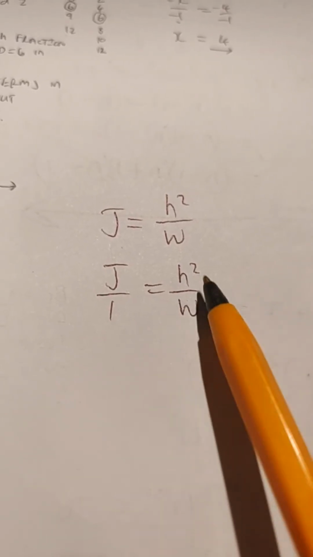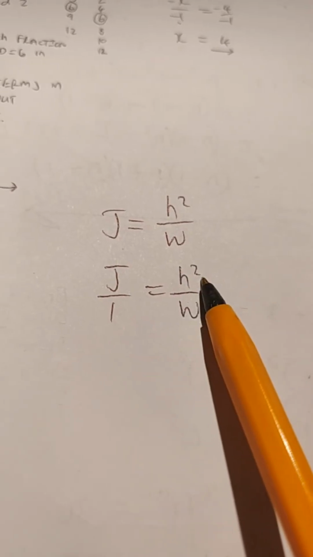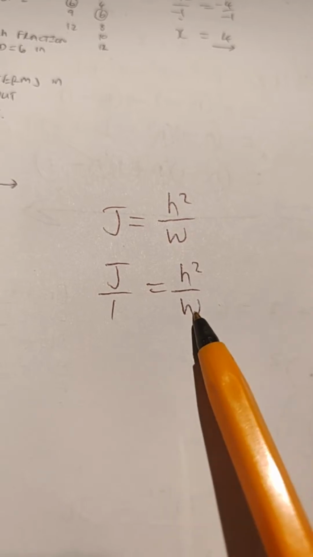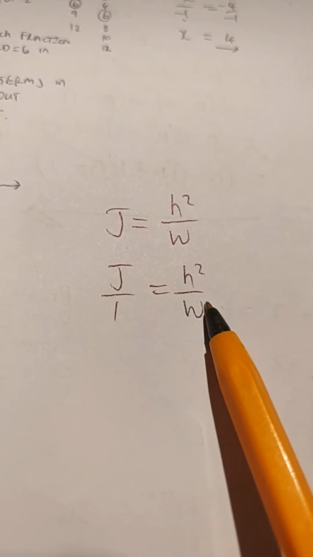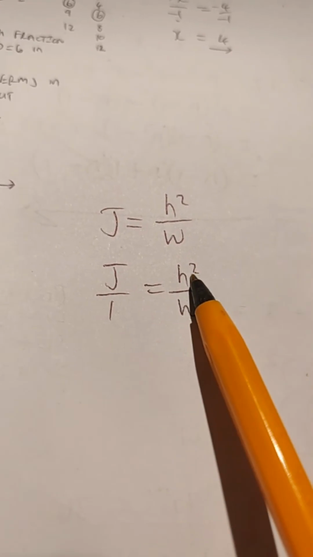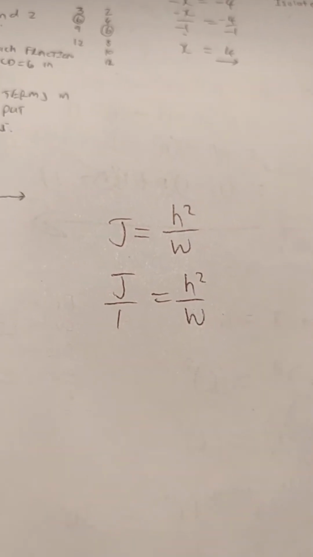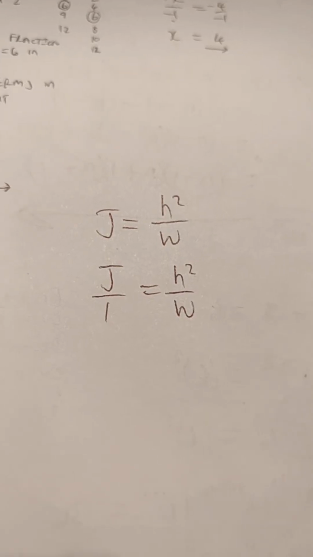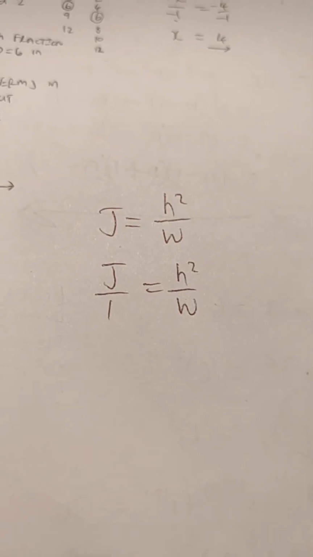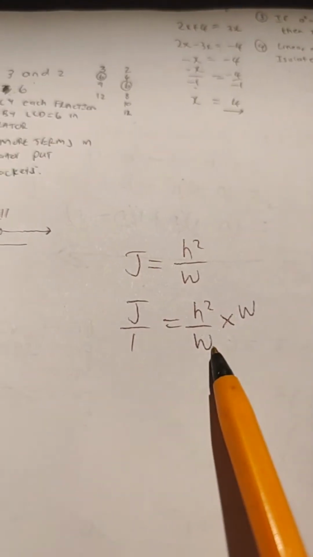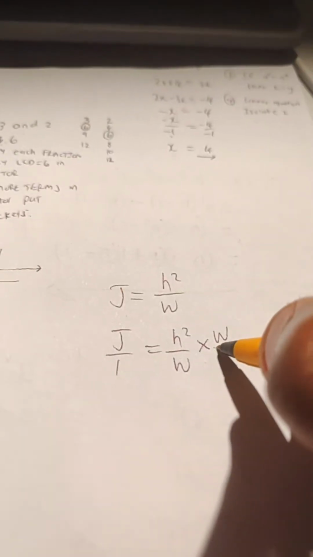So to get h squared on its own first, we want to get rid of w. How do we get rid of w that is in the denominator? How do we get rid of a w that has a relationship with h squared of division? Well, we use the inverse of division, which is multiplication. So on the left of your equation, you will multiply by w in the numerator.